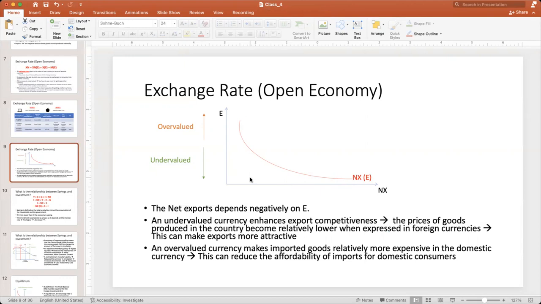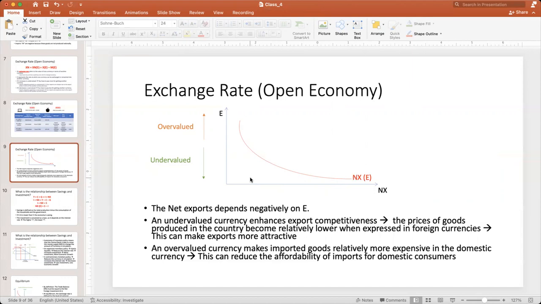The price of the goods produced domestically will be relatively cheaper when we express that price in foreign currencies, so exports are more attractive. But when we have an overvalued currency, we are incentivizing imports. Why?